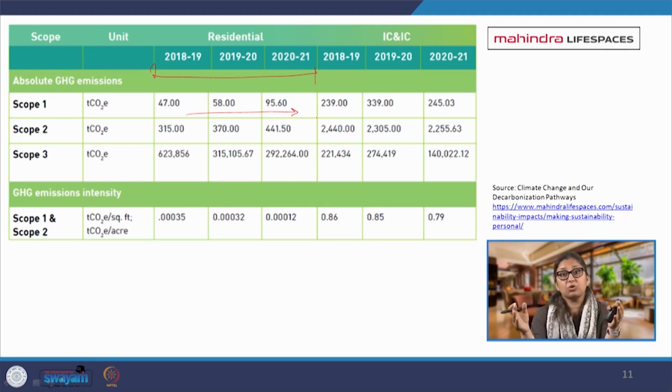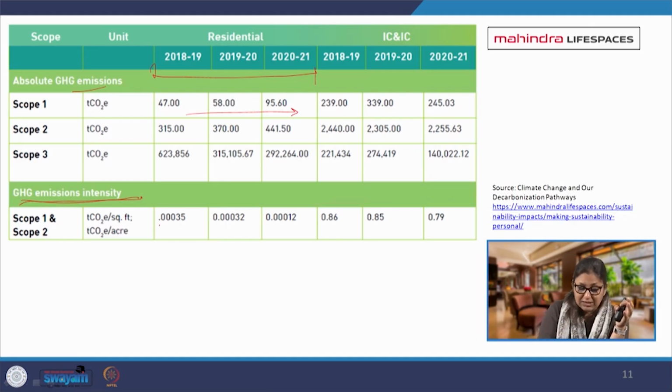If the business grows, simultaneously the absolute numbers of emissions are also growing. But if we look at the emission intensity, instead of looking at the absolute emission, which is normalized based upon the total square feet or square meters of area of built space that is being delivered as building product.